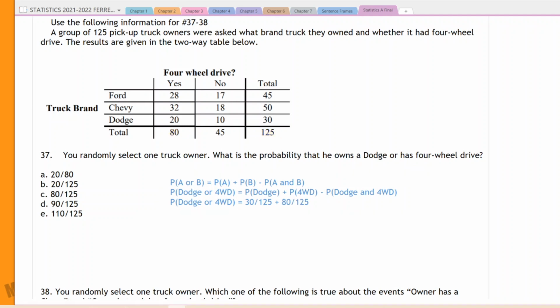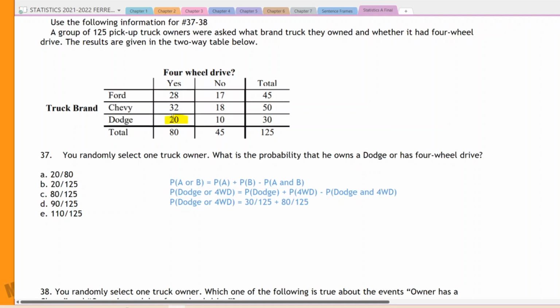Minus the probability that a randomly selected person is Dodge and four-wheel drive, or a four-wheel drive equipped Dodge. That is 20 out of 125. We add that all together. We get 0.9, which is, sorry, that was embarrassing. We get 90 out of 125. So our correct answer is letter D, 90 out of 125.